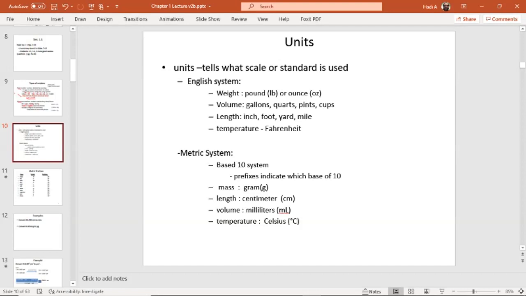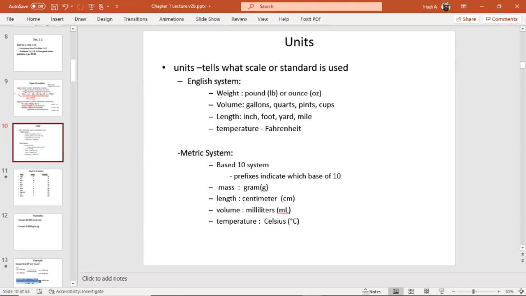For the metric system, for mass, we use grams, so you can have kilograms, micrograms, centigrams. For length, we can have centimeters, kilometers, nanometers. For volume, we typically use milliliters, but there are also deciliters. The temperature for the metric system is Celsius.